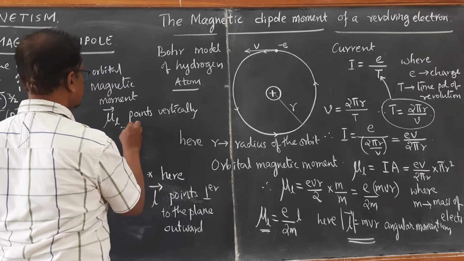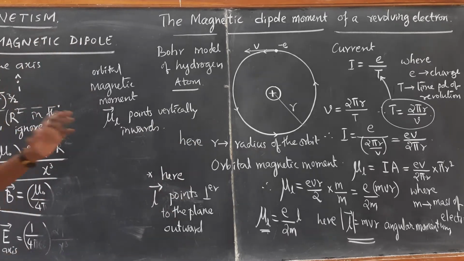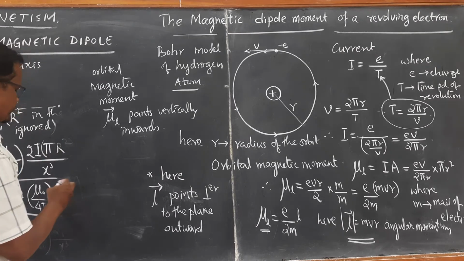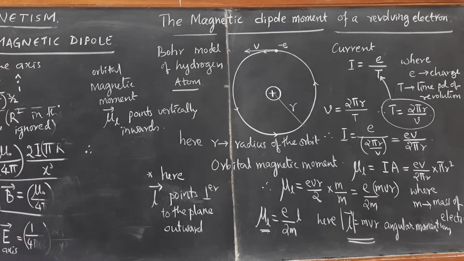That gives you an idea that mu L and L are in opposite directions.